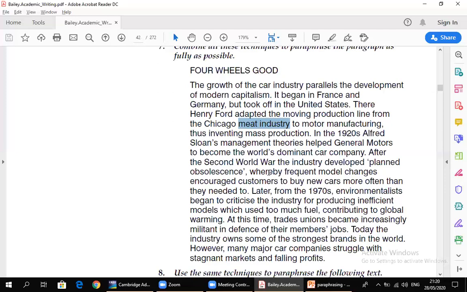He shifted the business from meat industry into the manufacturing of motors or vehicles or cars. Can we say manufacturing of vehicles, or is it too general?